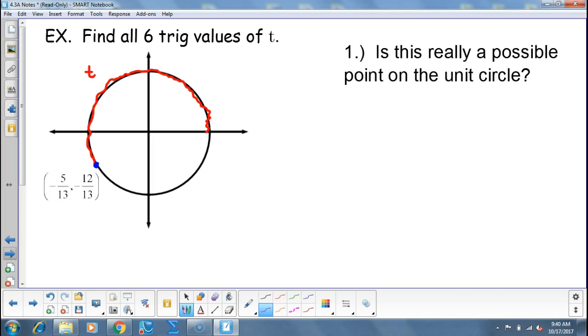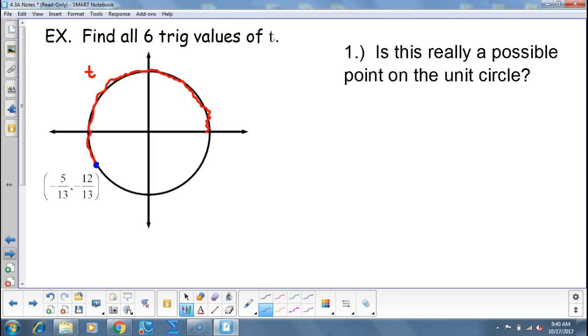I'm going to give you a point on the unit circle, and I want you to find me the 6 trig values of t. But first, I'm going to ask you, is that point on the circle? How do we know if any point is truly on a circle?